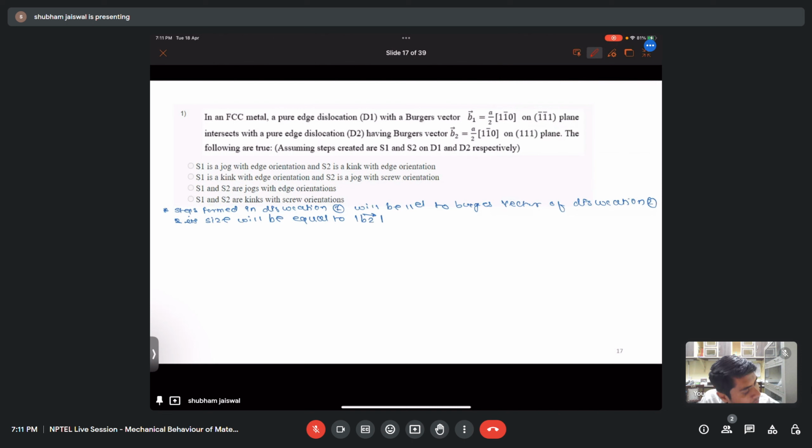So here, if we observe these two Burgess vectors B1 and B2, both are of the same type and both are parallel to each other. So B1 is parallel to B2.